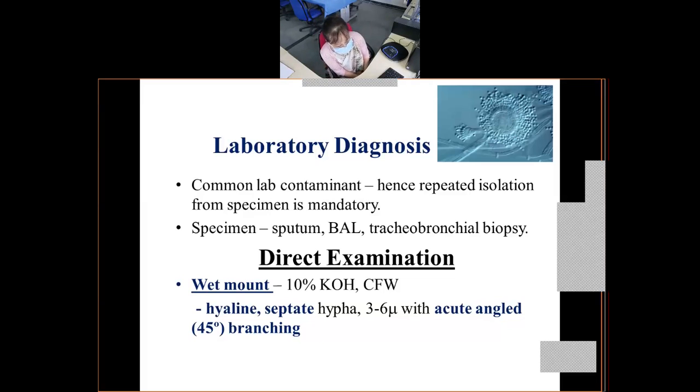In a KOH mount, the characteristic feature of Aspergillus is that the hyphae will be hyaline, septate, and will have acute angle branching at 45 degrees. So this is a very characteristic picture of Aspergillus when you do a KOH mount.